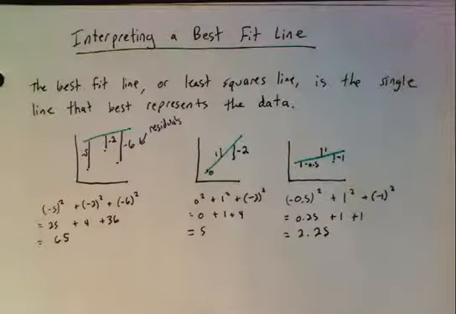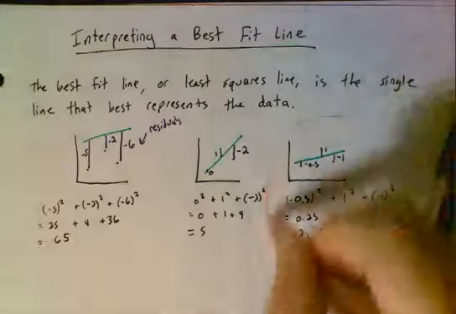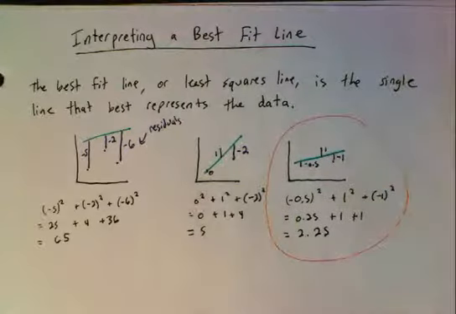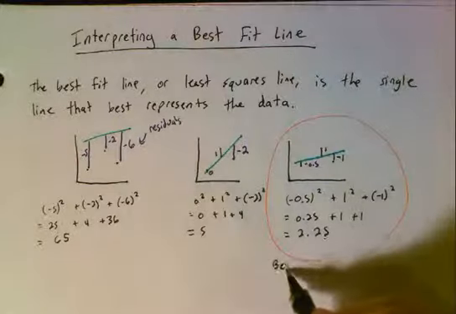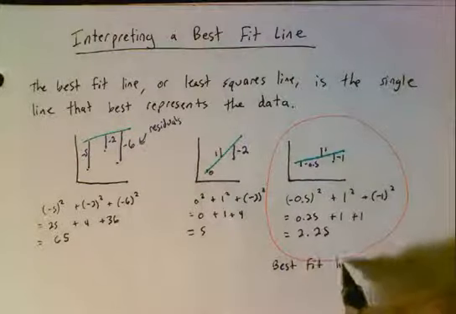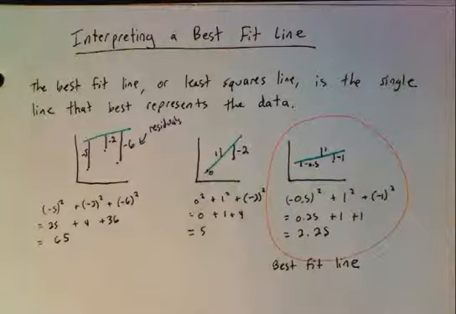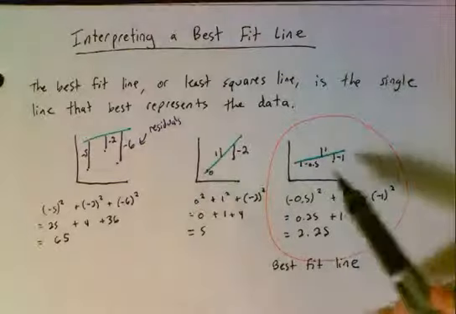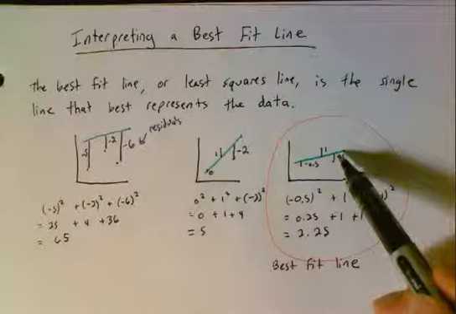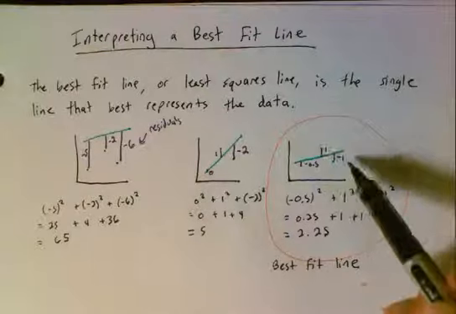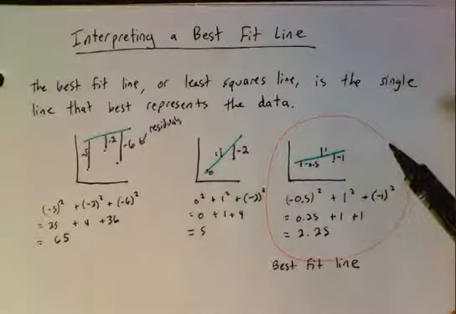This would be considered our best fit line. And it would be that because the sum of the squared errors, or the sum of the squared residuals, the sum of the squared distances from each point to the line, is the smallest.